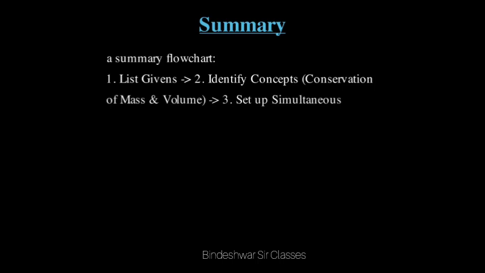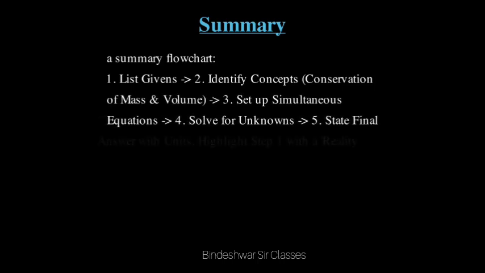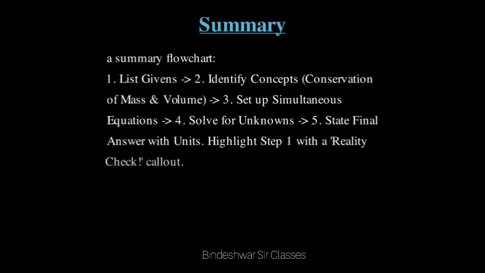The key was using the density formula, mass equals rho times volume, to link the two equations. We also encountered an important lesson: always do a quick reality check on the given numbers. Here, the average density was impossible, which pointed to a typo in the question. By correcting it, we were able to find a physically consistent solution. Always be critical and think through the problem logically.